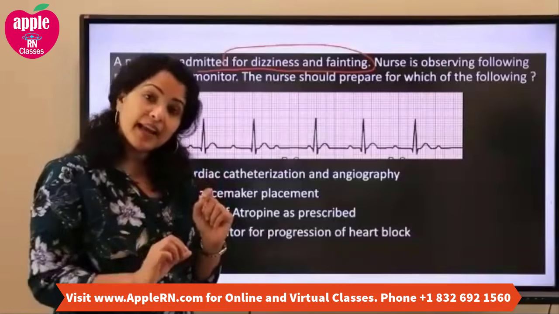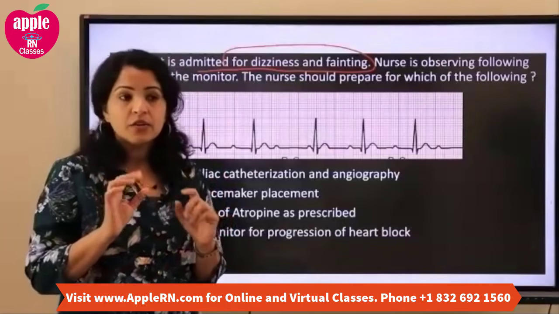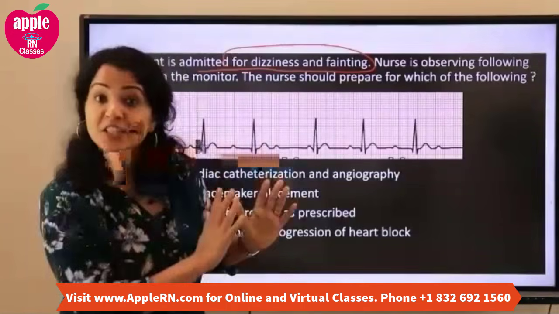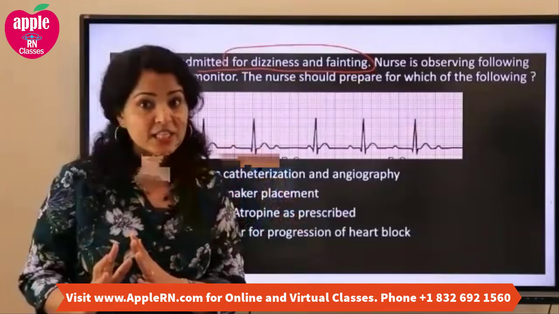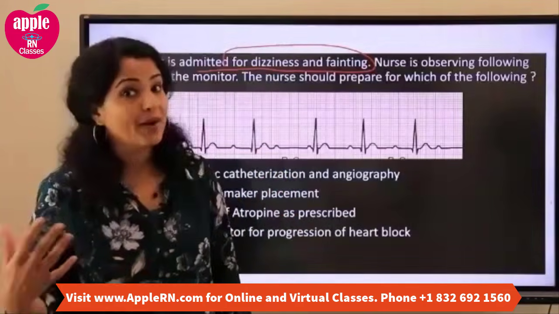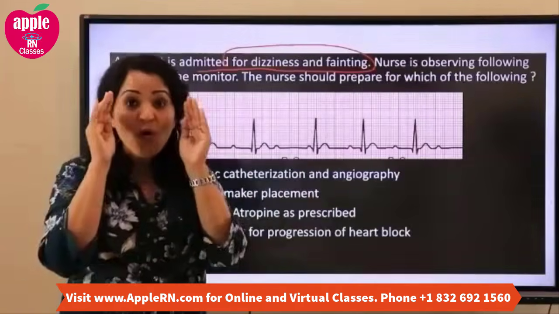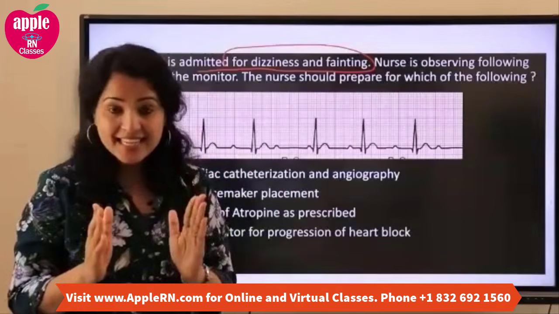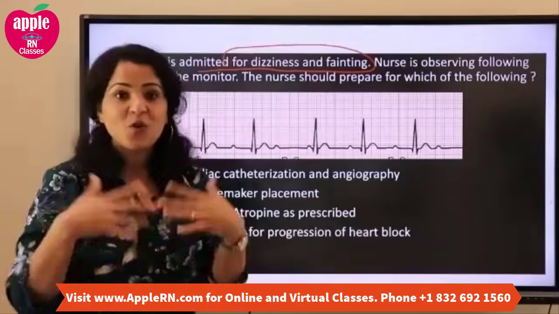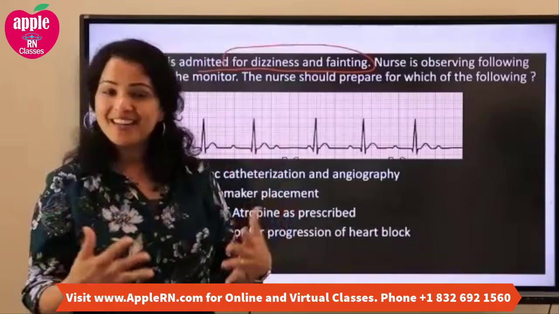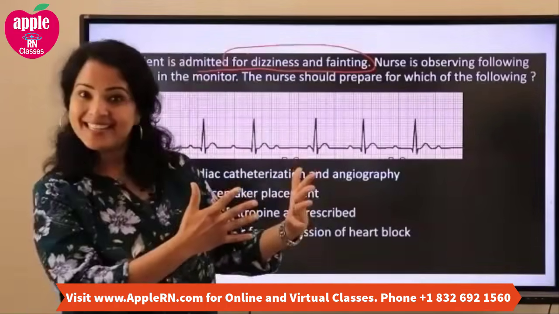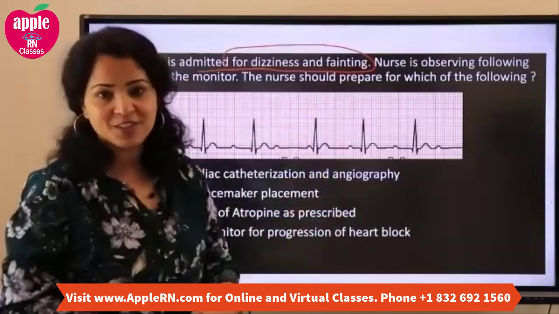So when we get to the questions, don't get sidetracked by looking at the ECG. That's one thing which probably happens. We are so concentrating on the ECG itself, and we are so confident and happy that we know what ECG it is, we forget what the question was asking.